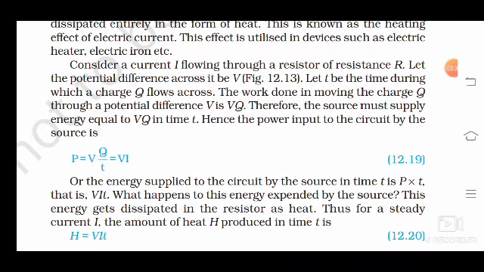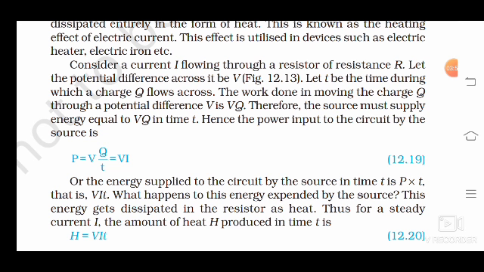Consider a current I flowing through a resistor of resistance R. The potential difference is V. Let t be the time during which a charge Q flows across. The work done in moving the charge Q through a potential difference V is VQ. Therefore, the source must supply energy equal to VQ in time t, hence the power.